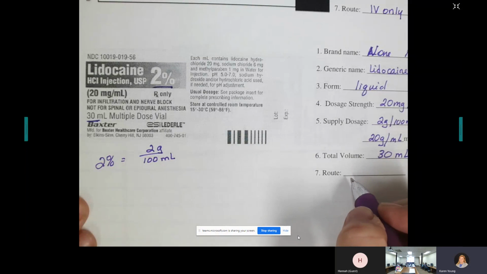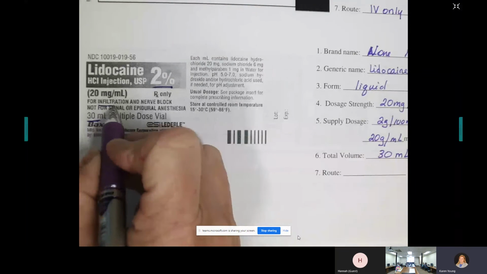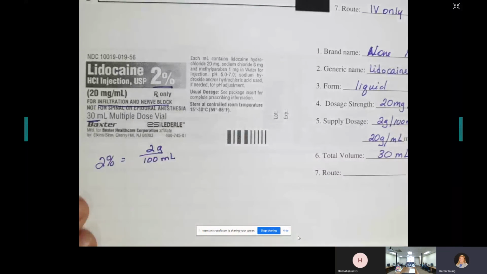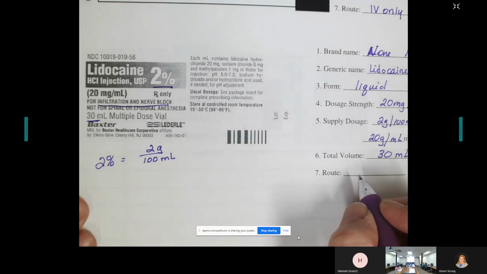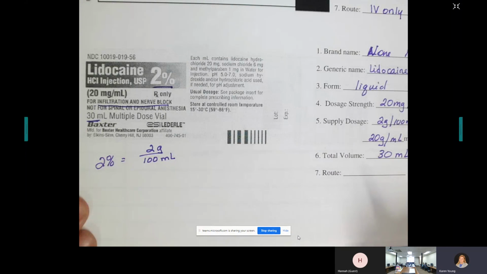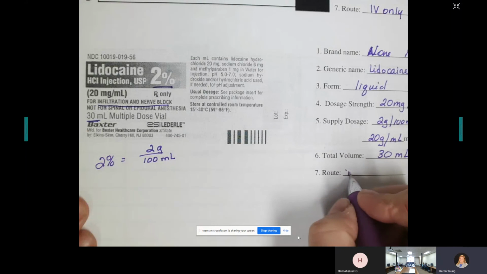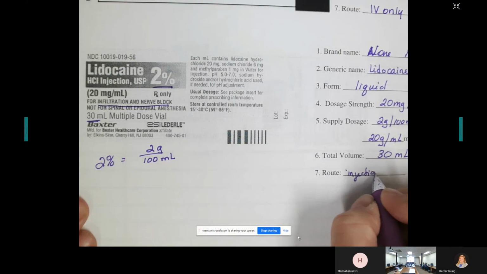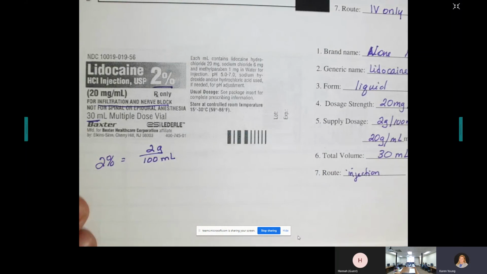So my route, because it says for infiltration and nerve block, it's an injection, but it doesn't give me a specific injection. I'm just going to put injection because it doesn't say IM or IV. It does say not for spinal or epidural.